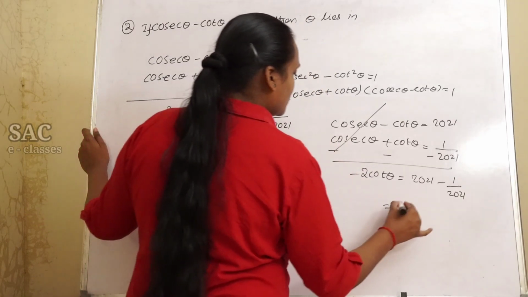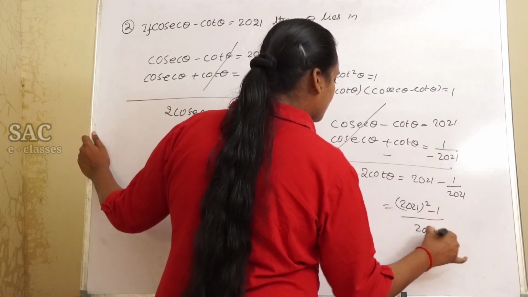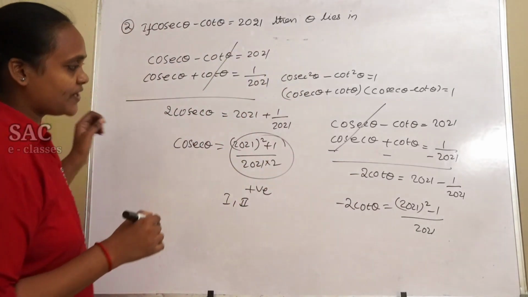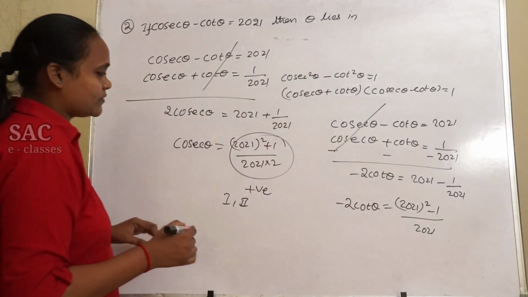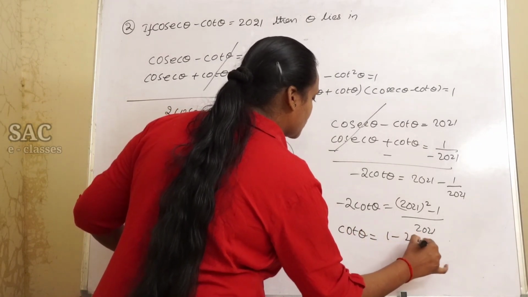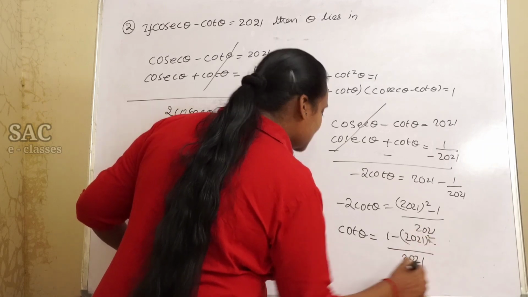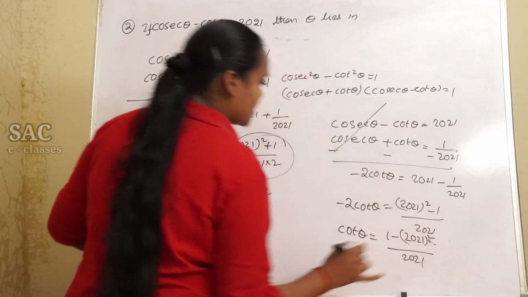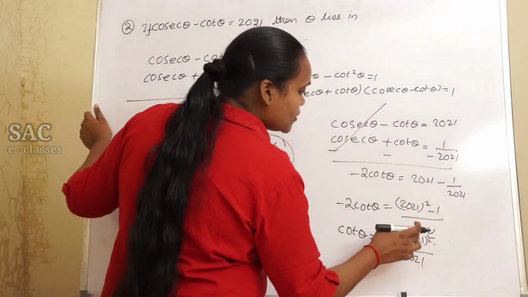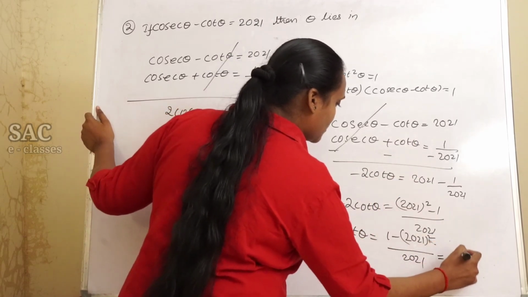Then it is (2021)² minus 1 by 2020, where minus 2 cot theta is (2021)² minus 1 by 2020. Clearly cot theta is equal to 1 minus (2021)² by 2020. Is it required to verify whether it is positive or negative? Definitely it is negative, as we know that 2021 is much bigger than one. When you are subtracting, definitely you will get negative.